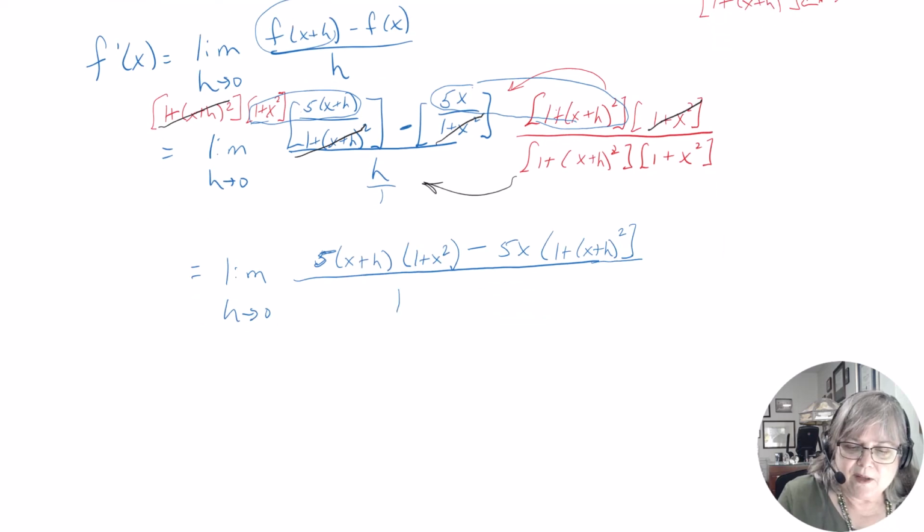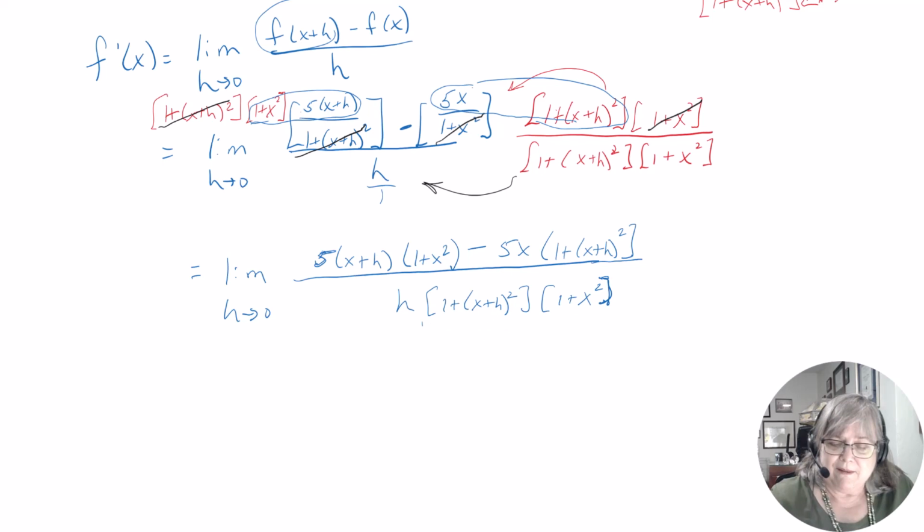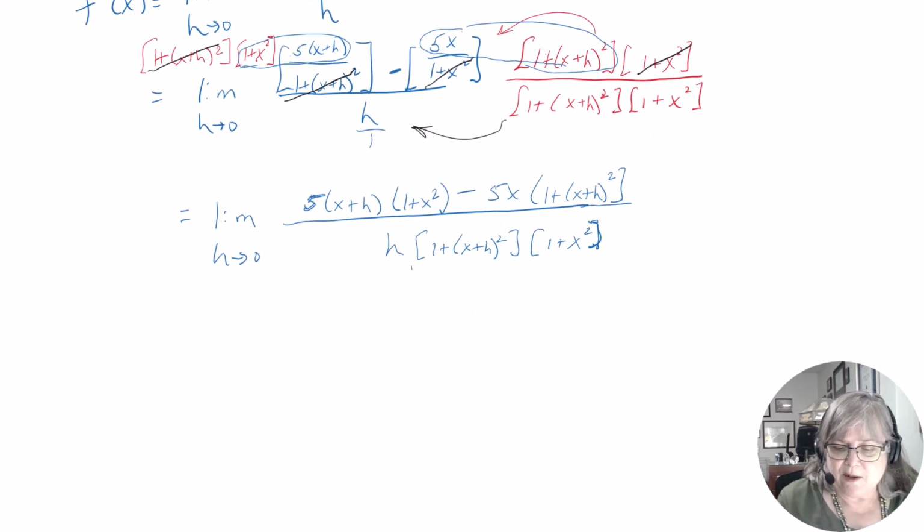And in the denominator, you have h times 1 plus x plus h squared times 1 plus x squared. Now again, do not multiply this out. You're hoping that you can make the h go away because that's what's giving you 0 in the denominator.